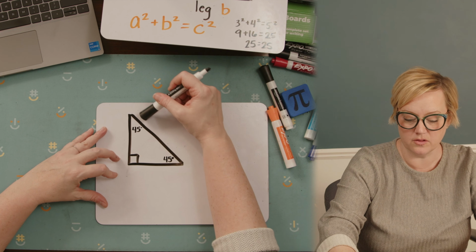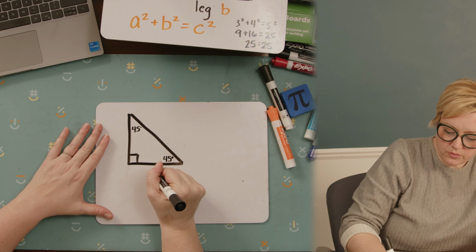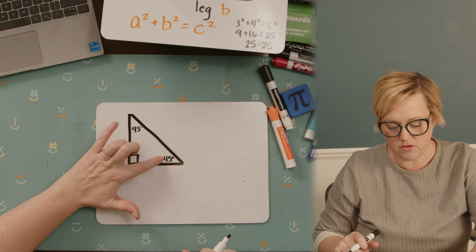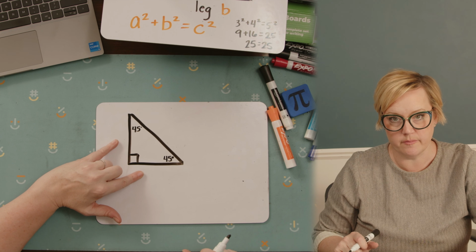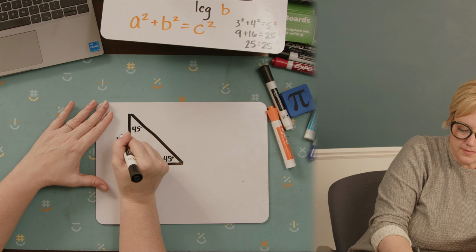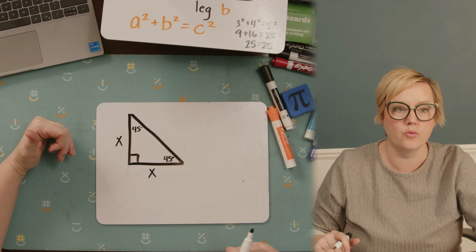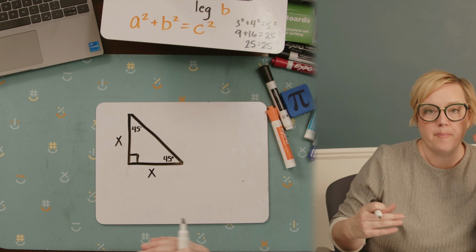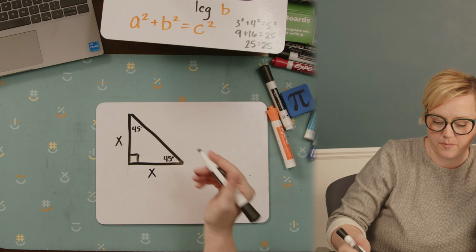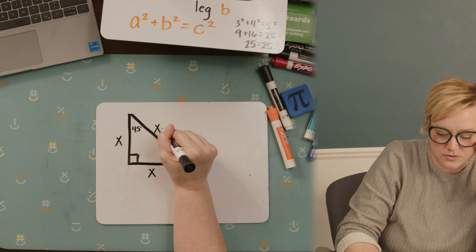Still our longest side is going to be over here. So the special right triangle, when you have the same angle, that means that these sides are going to be congruent. So if these sides are both side length of X or A or 5 or whatever, then my hypotenuse, if I were to solve this using the Pythagorean theorem, you would end up getting that it's X root 2.